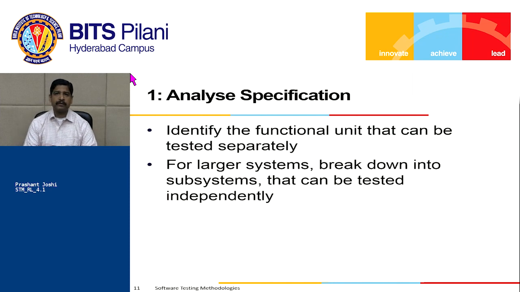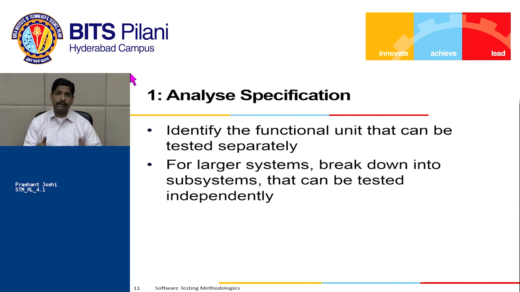So the first one is for us to identify the functional unit. And here we are looking at identifying the functional unit which can be tested separately. For larger systems, we would want to break this down. Now let's come back to our example where we were talking about a coffee machine.